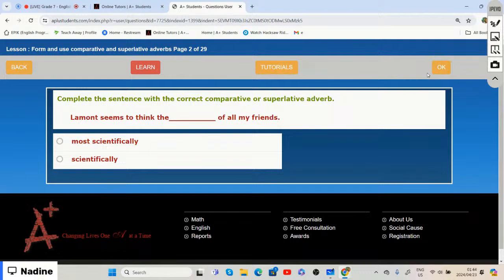All right, so it says Lamont seems to think. Do we say scientifically of all my friends, or most scientifically?